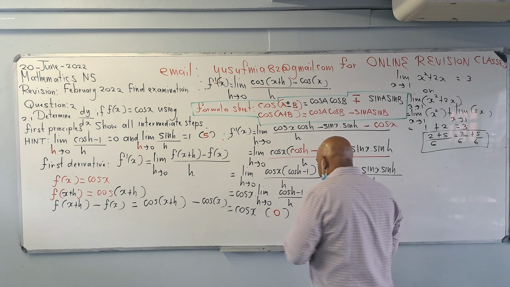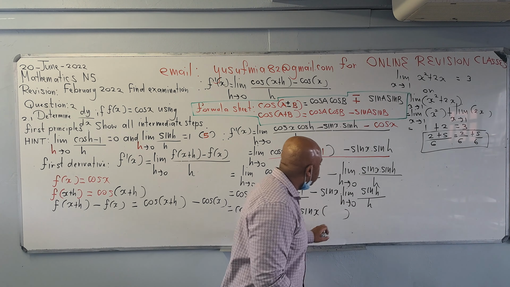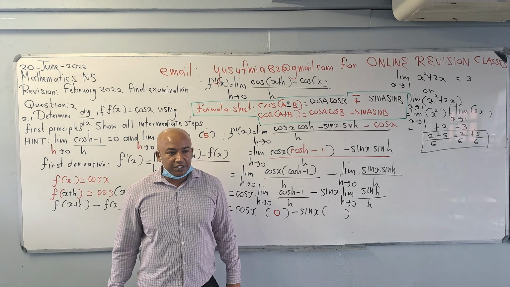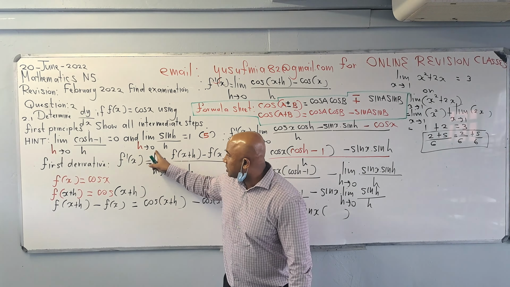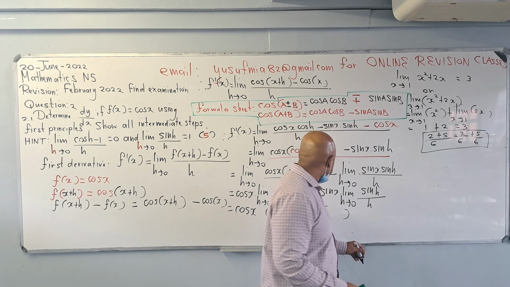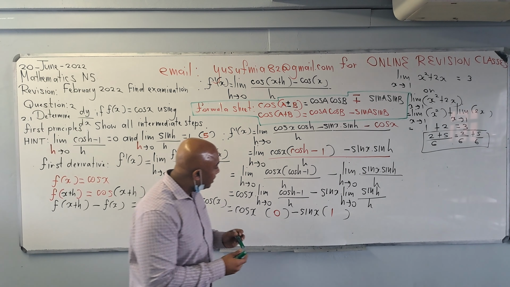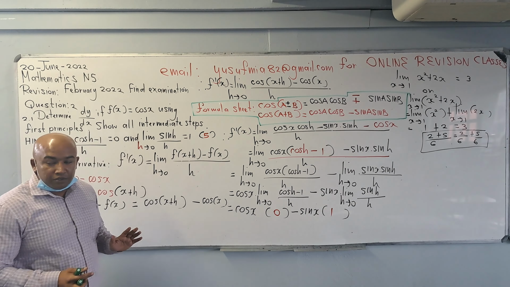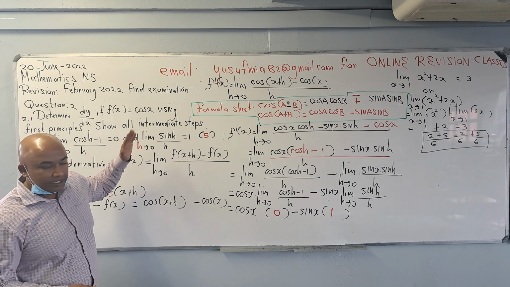Minus sine x times, what is sine h over h? The limit as h approaches 0 of sine h over h is equal to 1. Now, show all intermediate steps. We are showing everything here.